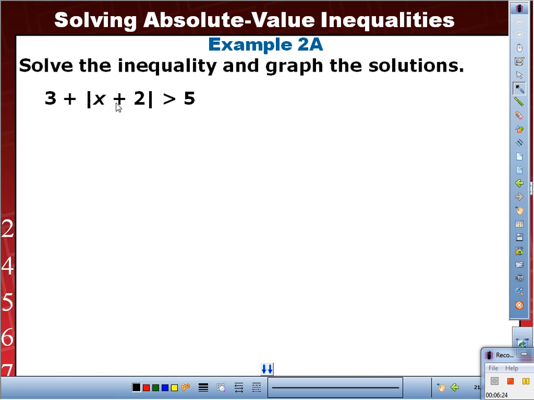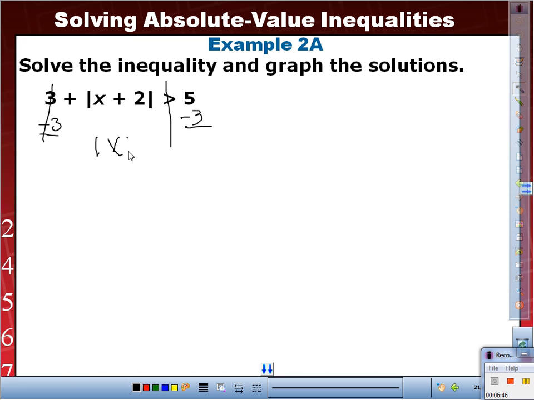Line down the inequality symbol. The first thing we should do is isolate the absolute value. Everyone, subtract 3. We're left with absolute value x plus 2 greater than 2.